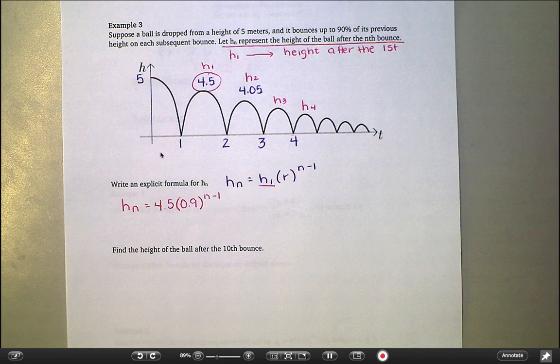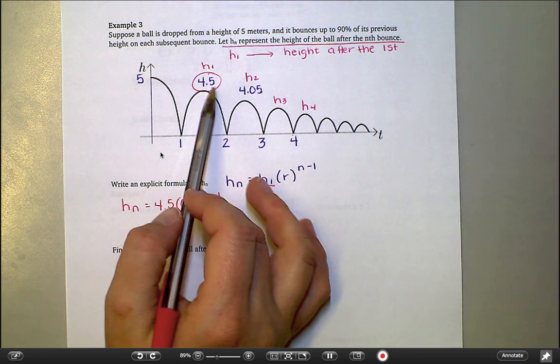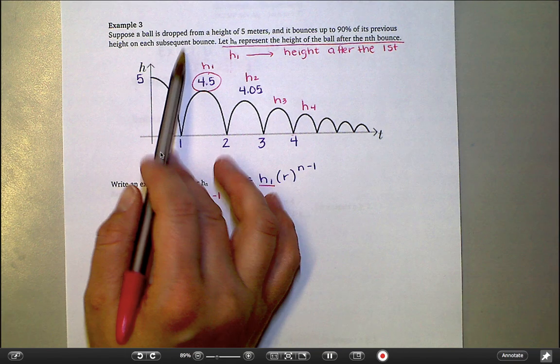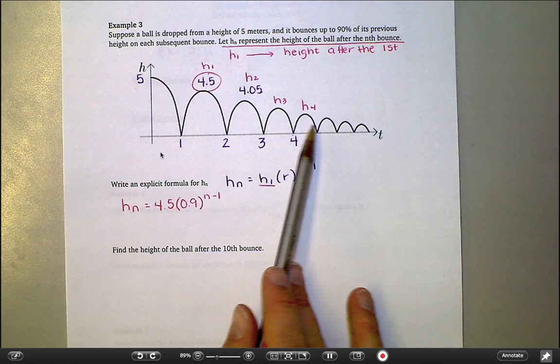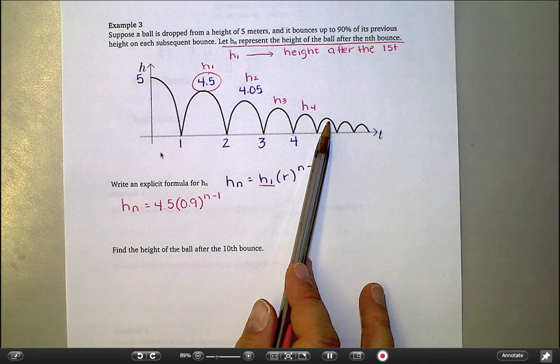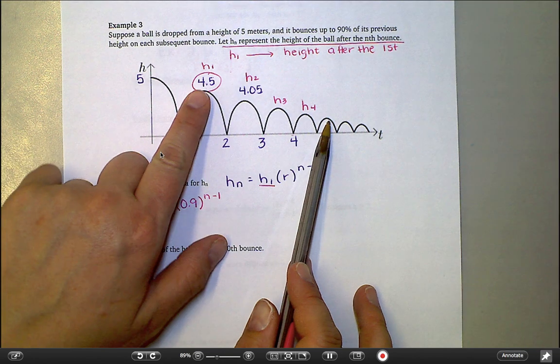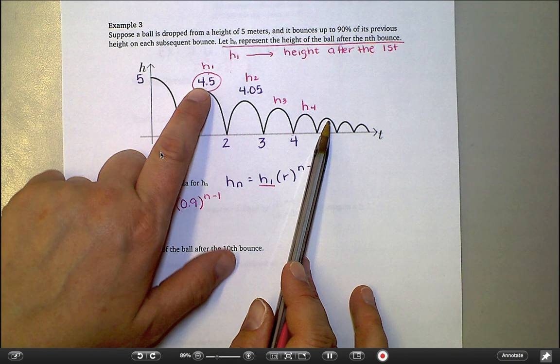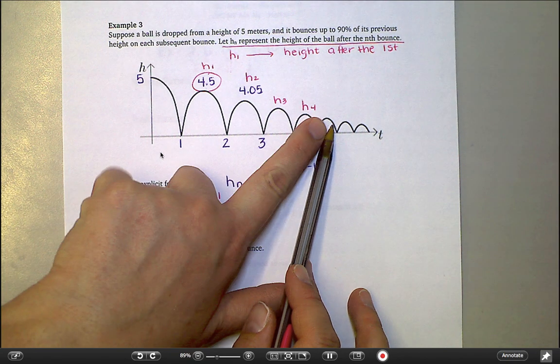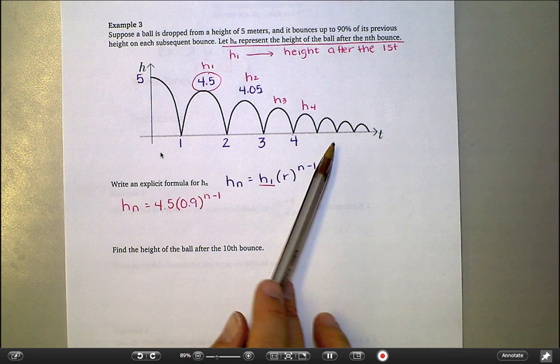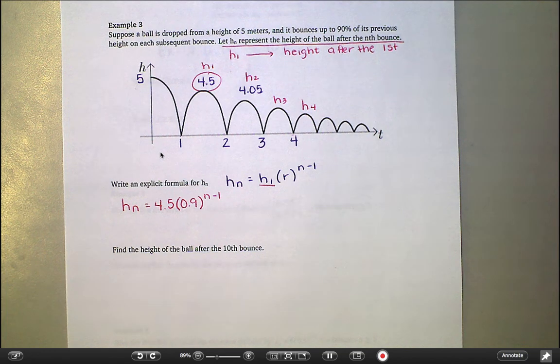That's us kind of following the formula, right? We had to do a little bit of calculation to get our term 1. You know, we couldn't get it straight from the problem, but we were able to follow our formula perfectly. So if I wanted h5, which is this right here, I'm going to take that h1 and multiply by 0.9 4 times. 1, 2, 3, 4. Okay? So to get to term 5, multiply 4 times.